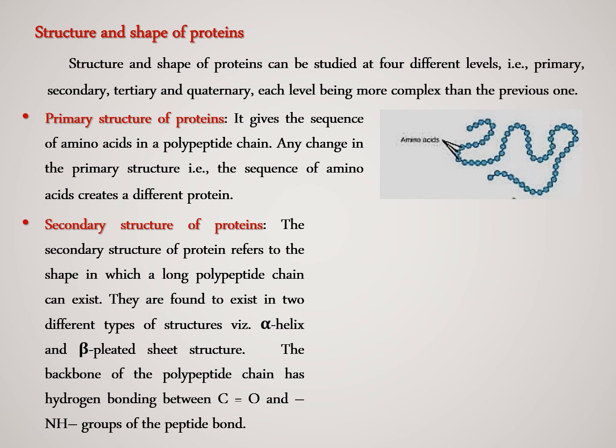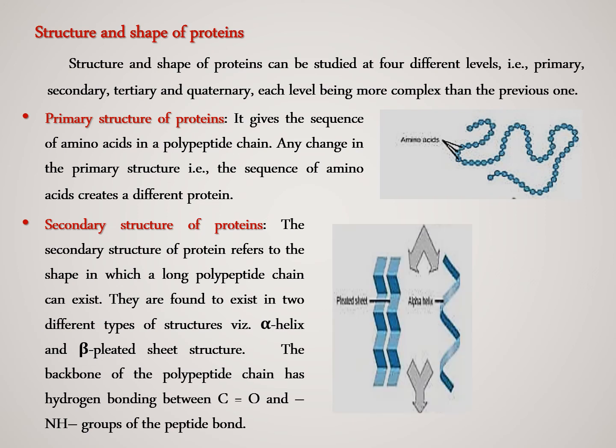The secondary structure of the protein was studied in depth and proposed also by Linus Pauling. He proposed that there are 2 structural arrangements in the secondary structure for the protein, which are called the alpha helix and the beta pleated structure.